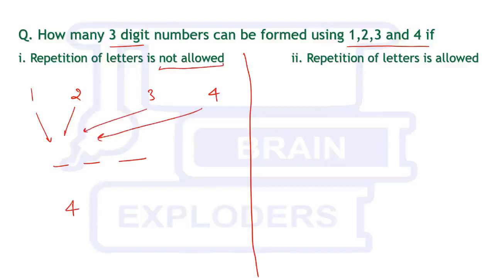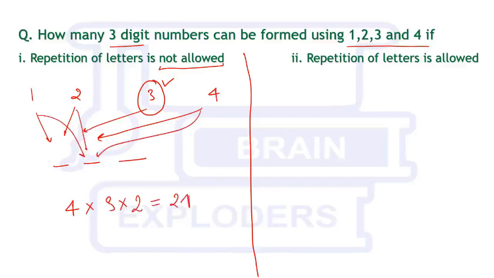For the second digit, suppose we have filled 3 in the first place, so 3 is not allowed in the second place. We only have 3 remaining choices, and for the last place we have only 2 remaining choices. So in total there are 24 3-digit numbers which can be formed using the digits 1, 2, 3 and 4 if repetition is not allowed.